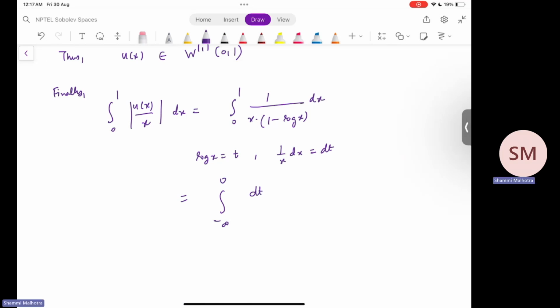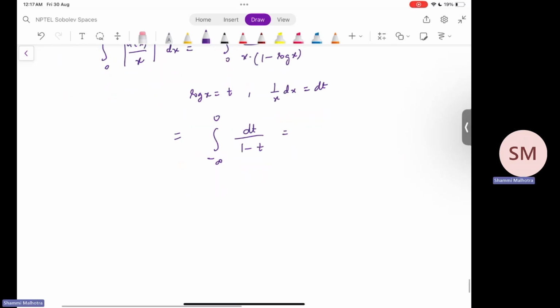We have dt over 1 minus t, which is nothing but the integral from 0 to infinity of dt over 1 plus t, which is not finite. Thus, u(x)/x is not in L^1(0,1). So we have a different result when my L^p space is L^1. With that, we end our session of this week. Thank you.